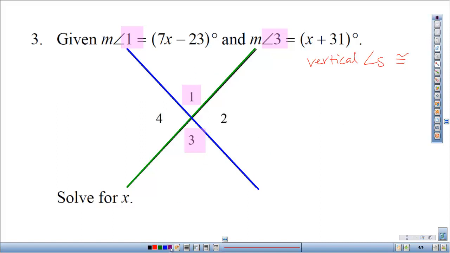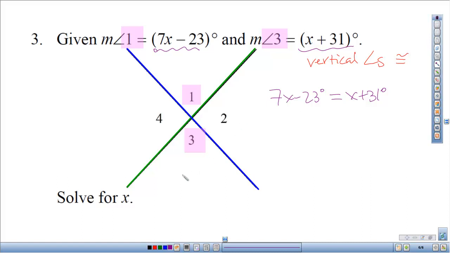So this problem makes us do a little algebra. They give us some algebraic expressions. We're going to take that 7x minus 23 degrees and this x plus 31 degrees. And what has to be true about these two angles? Well, they have to be equal. So what would I say about these algebra expressions? I would also say that they are equal. Like whatever the angles' relationships with each other are, you just express that in an equation.